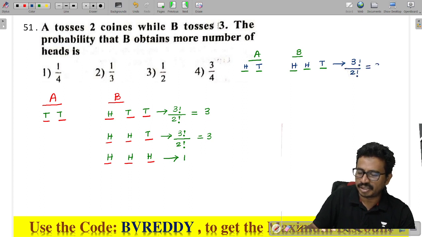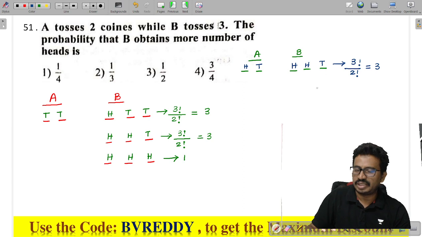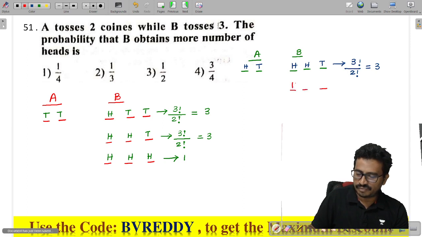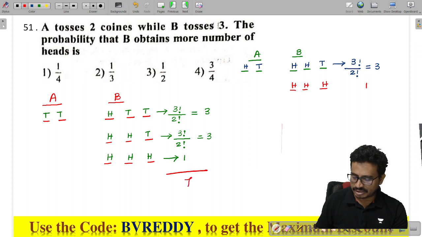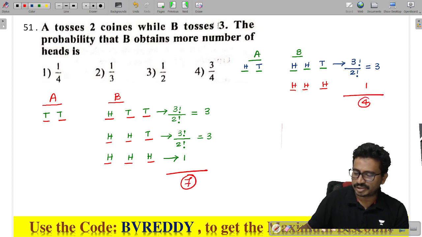That means 3 ways. Next, any other combinations? If B gets all heads, that is also acceptable. 1. So here we have 4 combinations, and before we had 7.